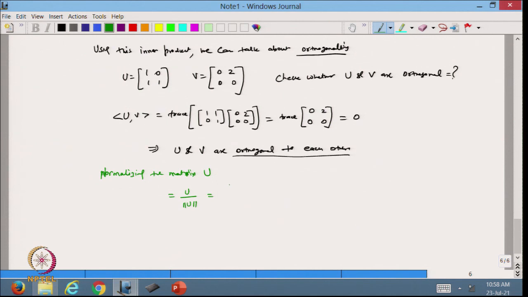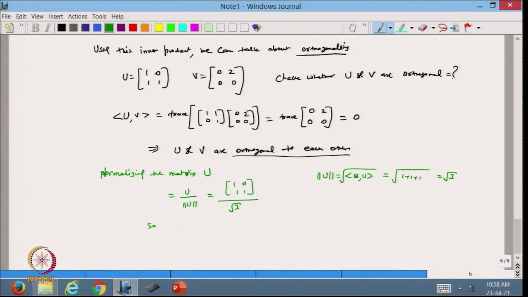Now U is 1 0 1 1, and the norm is the square root of the inner product, which is the square root of the sum of squares of all the elements of the given matrix. So it was 1 plus 1 plus 1, so it is under root 3. So I can divide by under root 3.